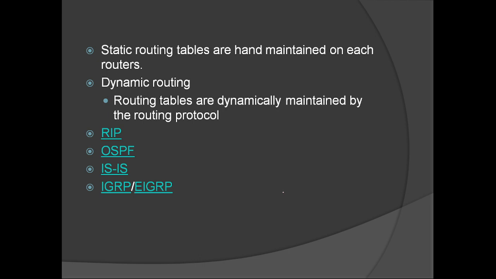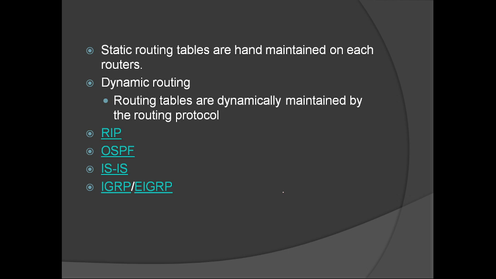Static routing tables are hand-maintained on each router. So the record or the list of different routes on the network or the infrastructure, the entries on the routing table, is hand maintained on each router. Since that is manually configured, that's hand maintained or configured manually on the router.